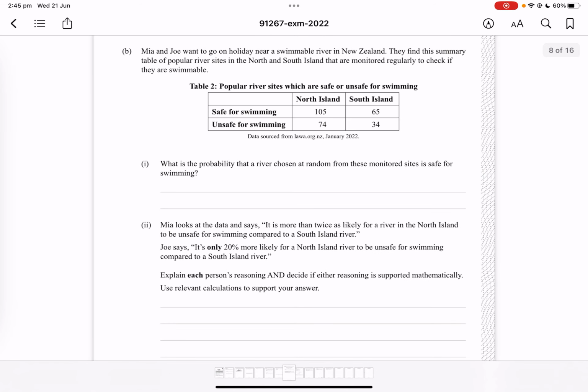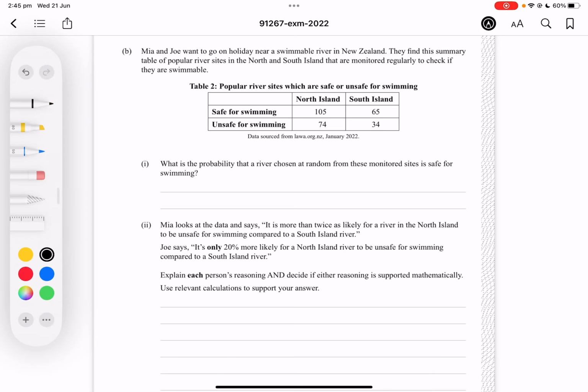Okay, so question B. Mia and Joe want to go on a holiday near a swimmable river in New Zealand. They find a summary table of popular riversides in the North and South Island that are monitored regularly to check if they are swimmable. What is the probability that a river chosen at random from these monitored sites is safe for swimming?